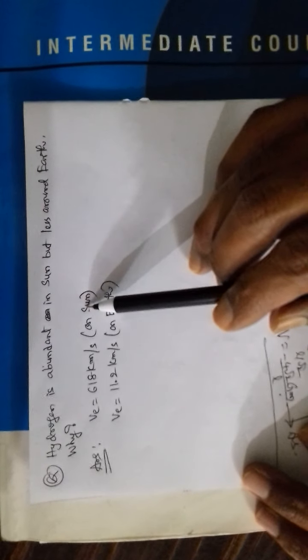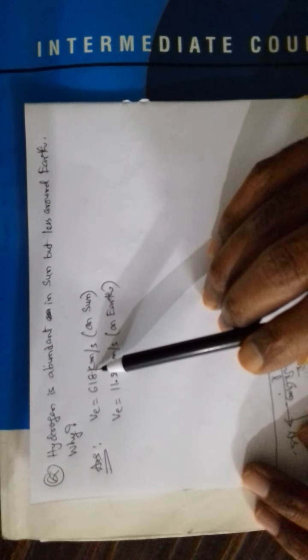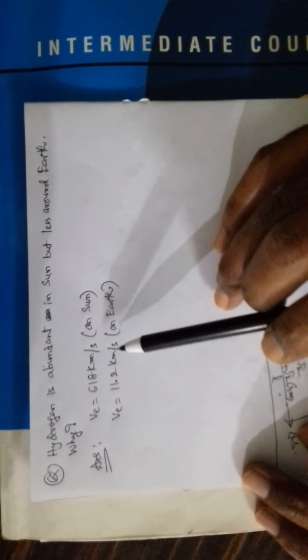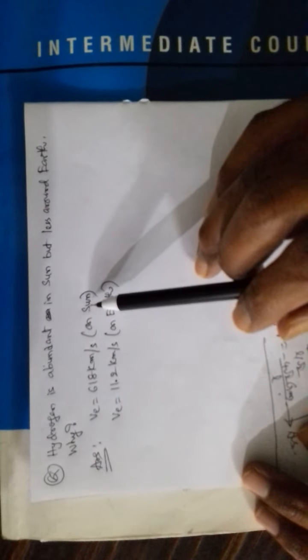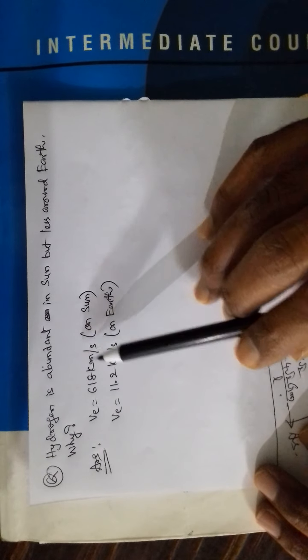But on the sun, the escape velocity is very large. It cannot have this much velocity. Therefore, it could not leave the sun. It remained under the sun's gravitational pull.